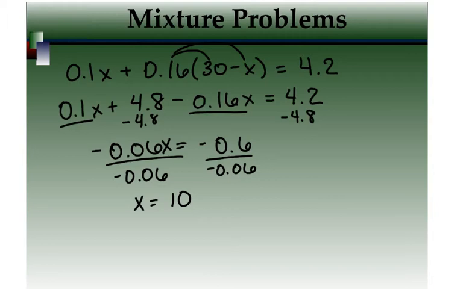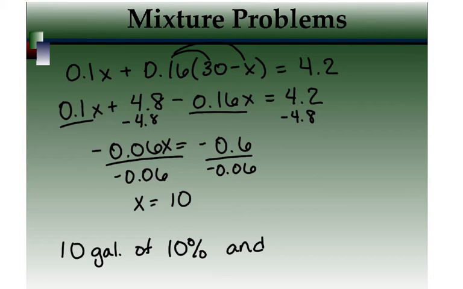And what this means is our quantity for our 10% solution is equal to x. So we need 10 gallons of 10% solution. And remember, our quantity for our 16% solution was 30 minus x.